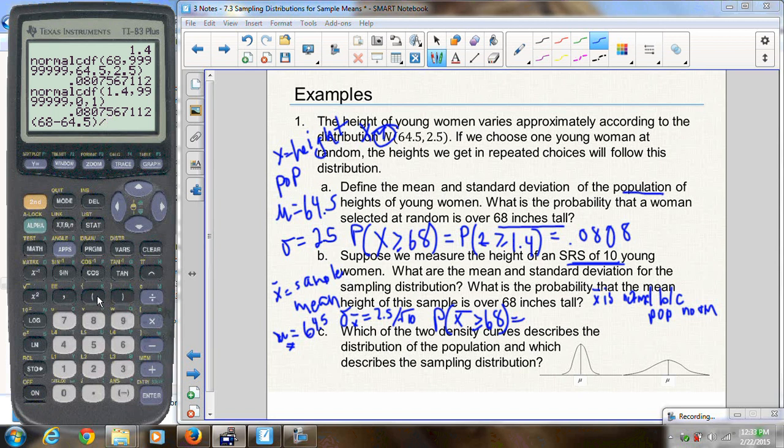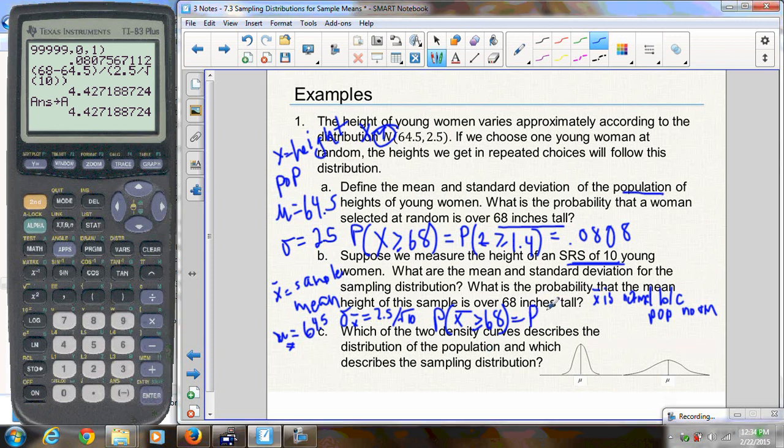Be careful, because since I didn't simplify it already, I do need to put parentheses around it. It's going to be 2.5 divided by the square root of 10, and that's my standard deviation. I'm going to store that in a letter so that I don't have any rounding errors.